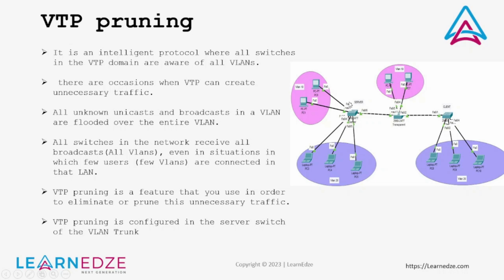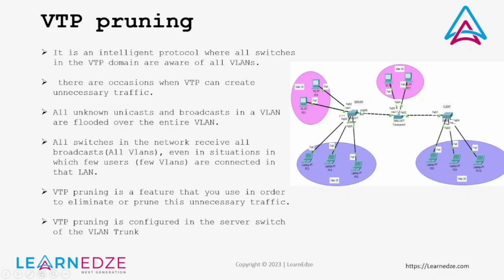Suppose this server has VLAN 10 and VLAN 20, but in the network there are other switches also. Let's say switch 2 is in transparent mode and switch 3 is in client mode. But switch 3 requires only VLAN 20, so there is no need to send VLAN 10 to switch 3.